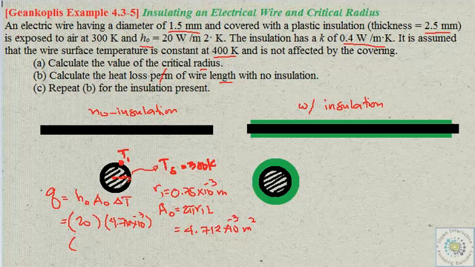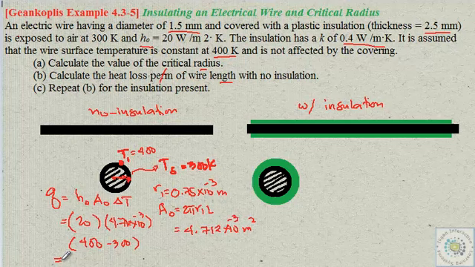Delta T in this case: the temperature of the surface of this bare wire is at 400, so the driving force delta T will be 400 minus 300, essentially 100 Kelvin of temperature difference.